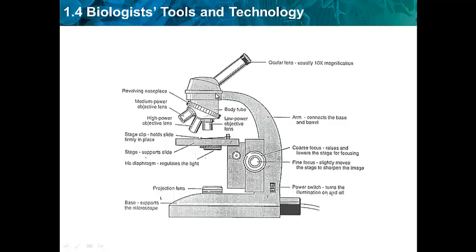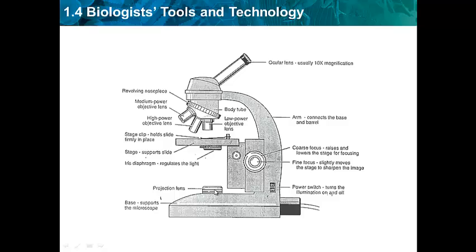The specimen will sit on the stage, and there are usually some metal clips here that will hold the slide onto the stage. Underneath, there will be a dial that will regulate the amount of light that comes through, and the light source is usually from a light bulb that's at the bottom on the base.